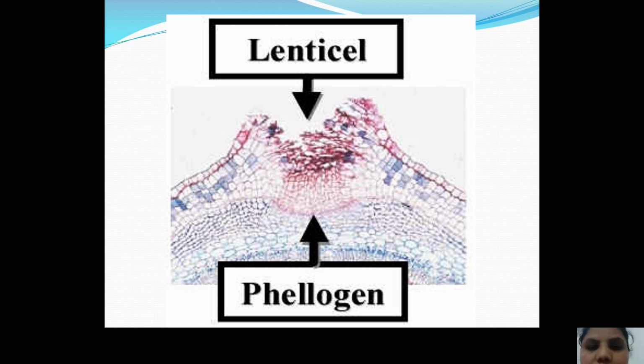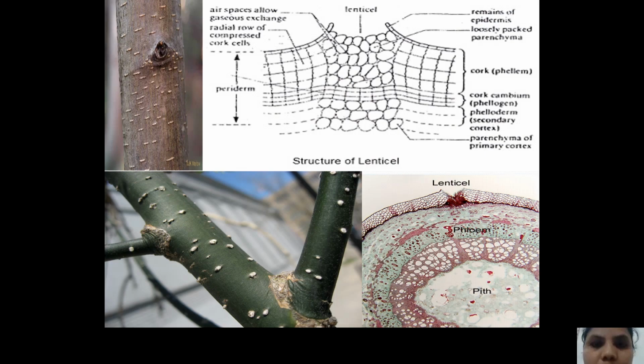Therefore, loosely arranged cells are formed, which are called complementary cells, which allow the exchange of gases, and the respiration process and photosynthesis to take place. This is how a lenticel looks on a tree stem.